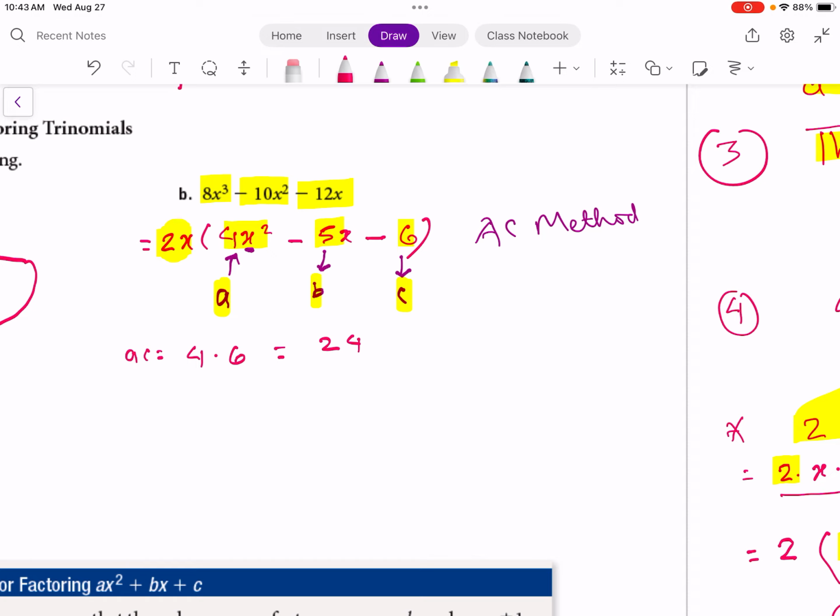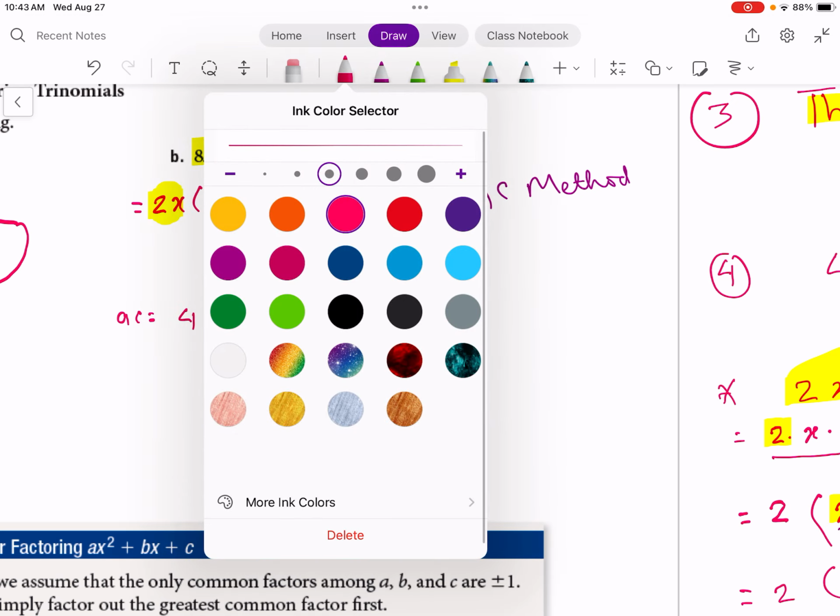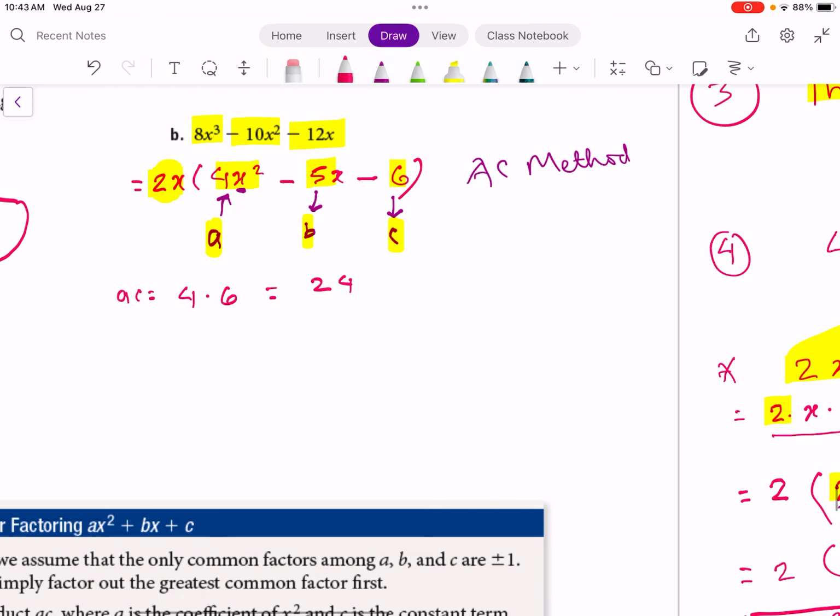In the AC method, you multiply A and C. That is our first step. The next step is we write down every pair of factors of 24. So we have to make pairs of numbers which are the factors of 24. Let's start from 1. 1 times 24 is 24, right? So 1 and 24 is one pair of factors. When we multiply these two numbers, we get 24.